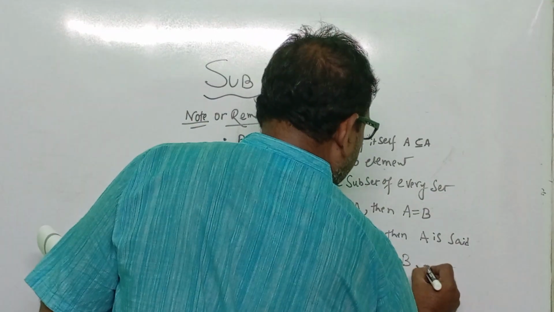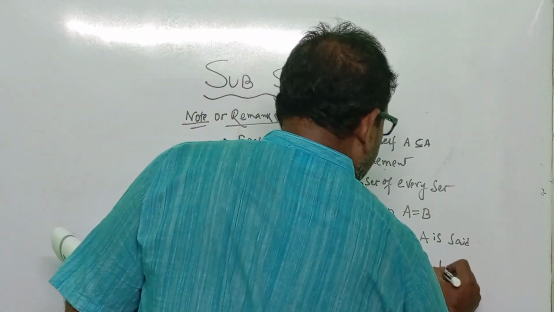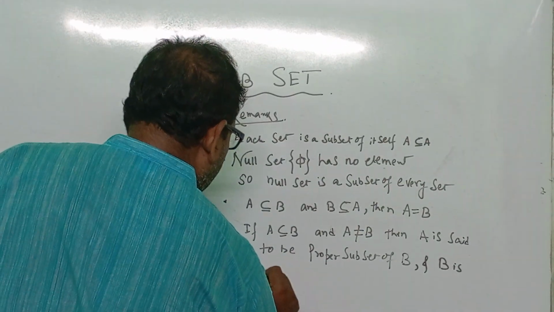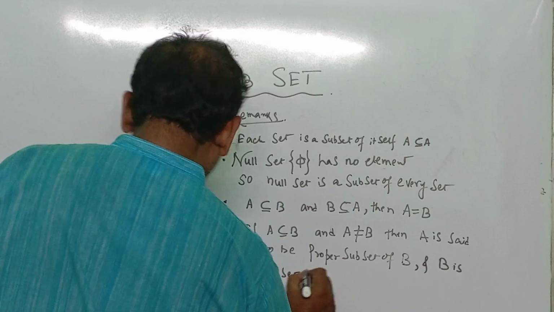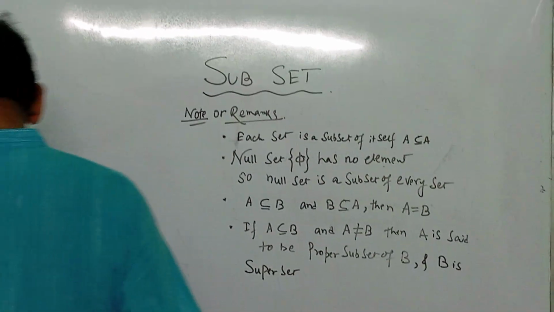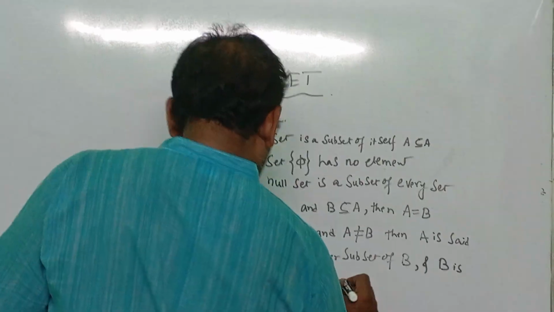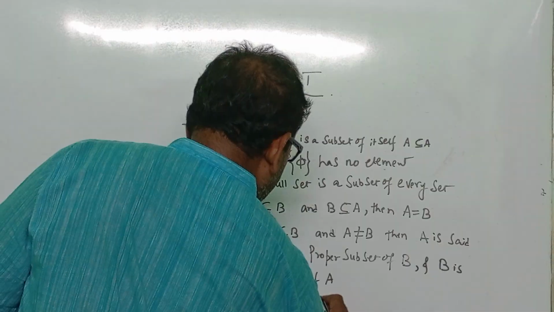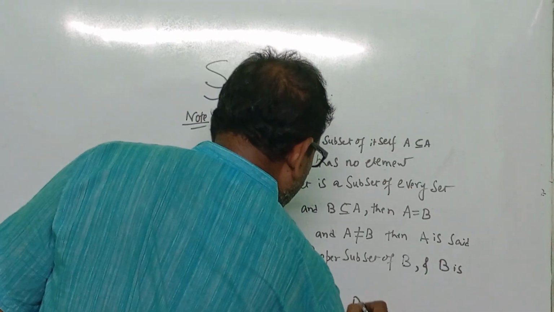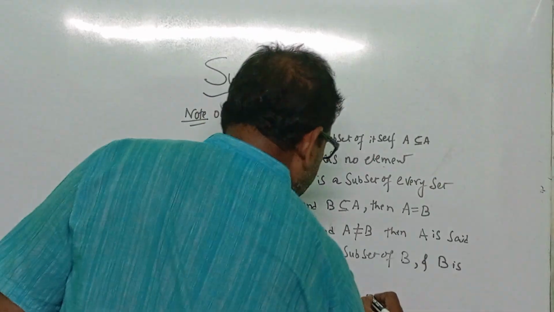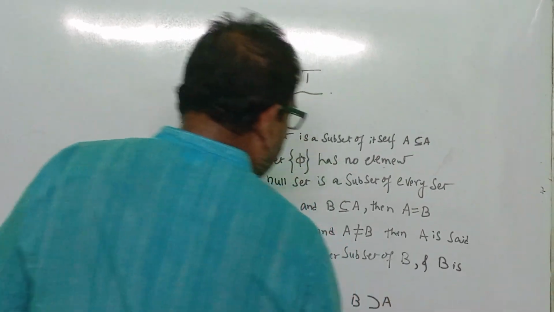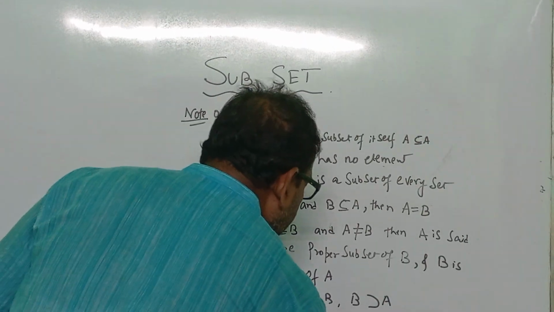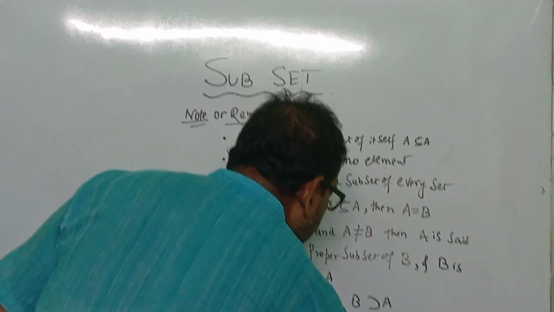And B is a superset of A, and it is represented as B, just opposite. So this is subset, this is superset.